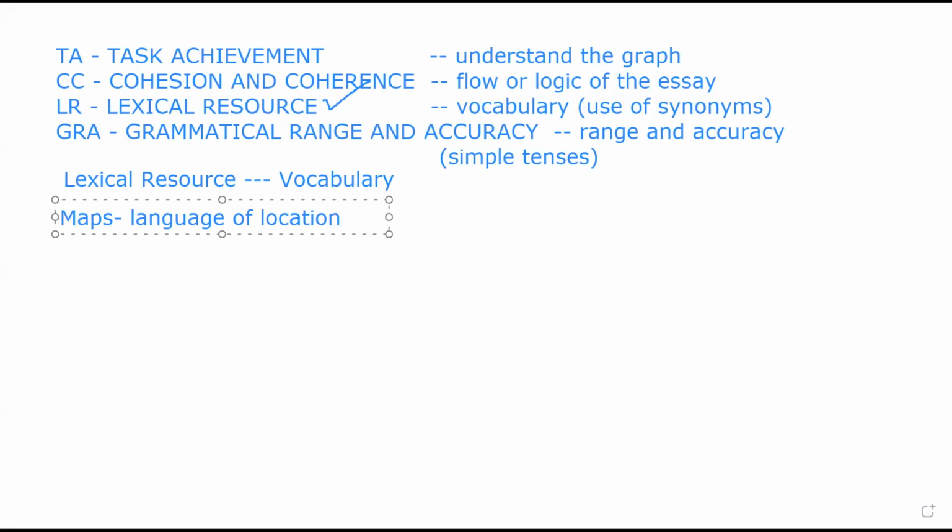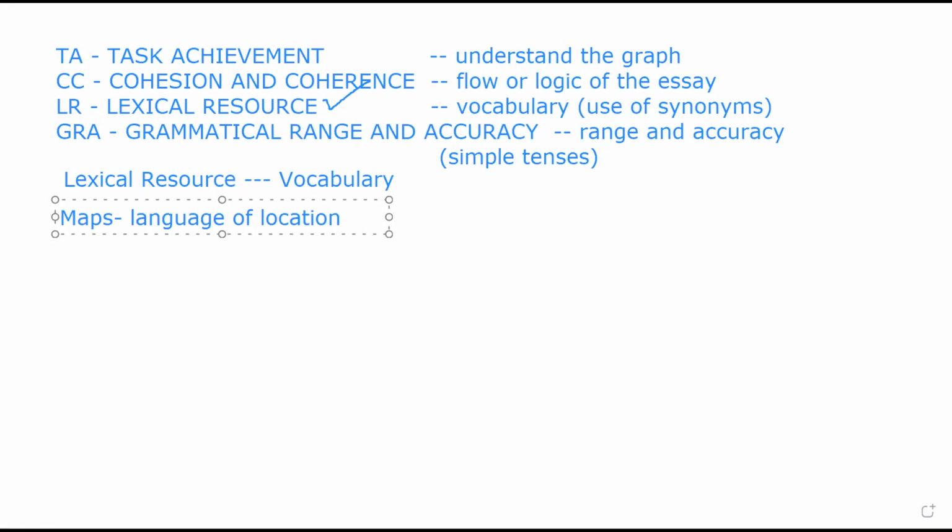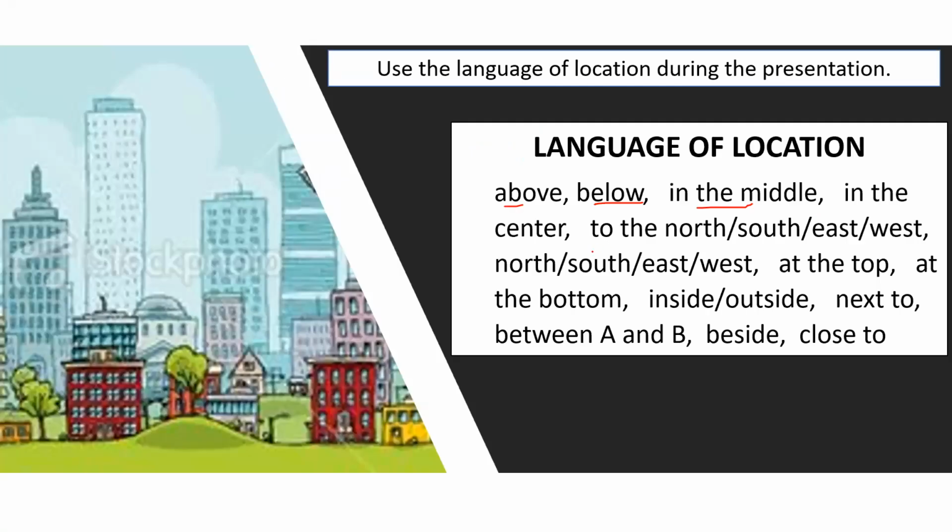So this is what language of location looks like. This one here. So this is what language of location looks like. Okay. So we have above, below, in the middle, in the center, to the north, south, east, west, etc.